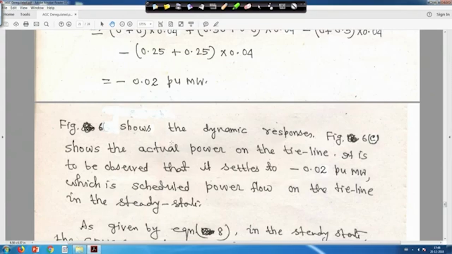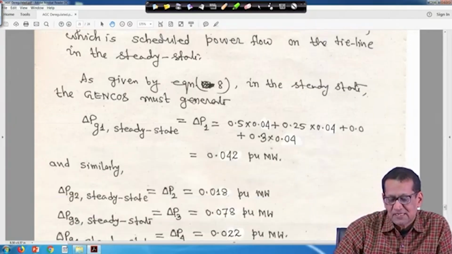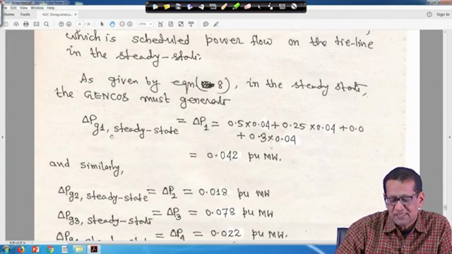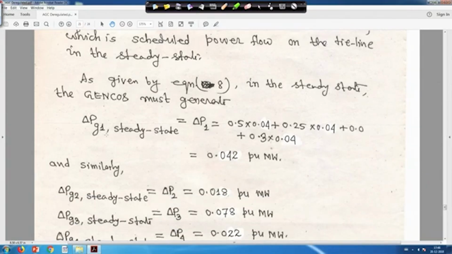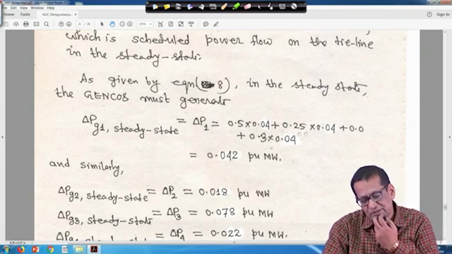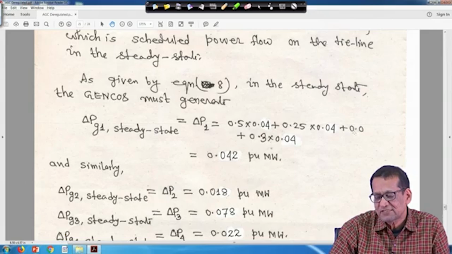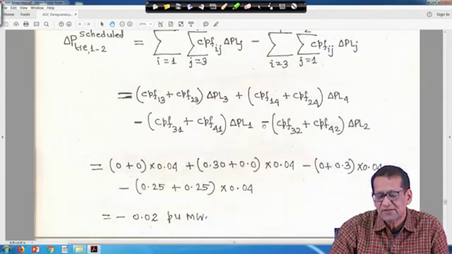Figures I will come to later, but as given by equation 8 you can compute the steady state power generated by each GENCO. That is, delta Pg1 steady state is nothing but delta P1. So, you can easily calculate cpf11 into delta PL1 plus cpf12 into delta PL2 plus cpf13 into delta PL3 plus cpf14 into delta PL4. cpf13 was 0 here.